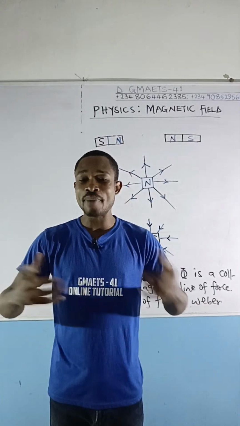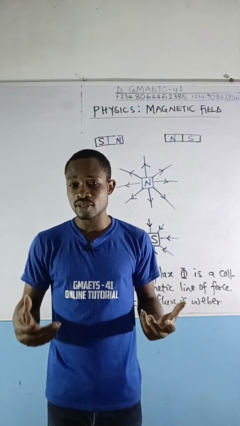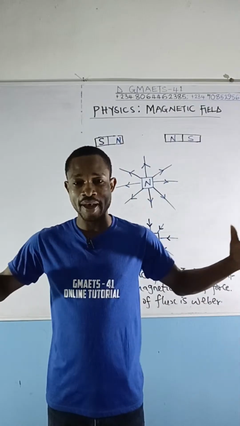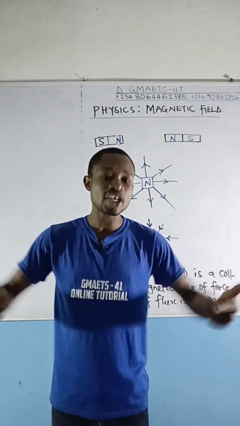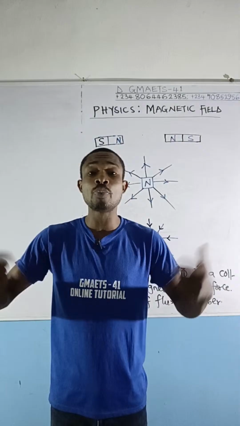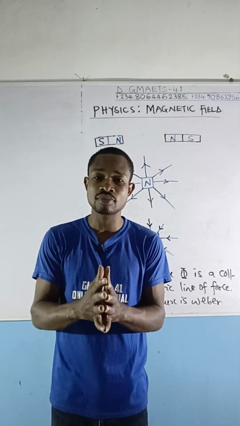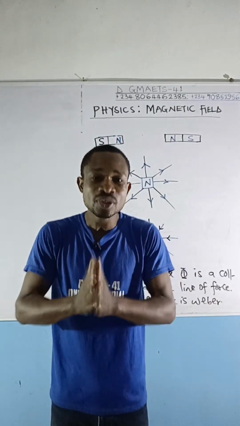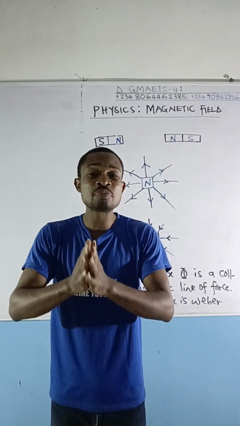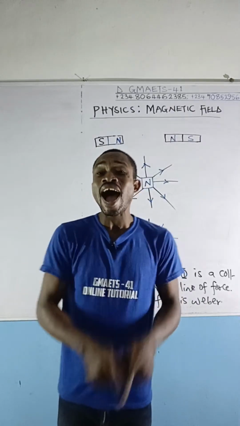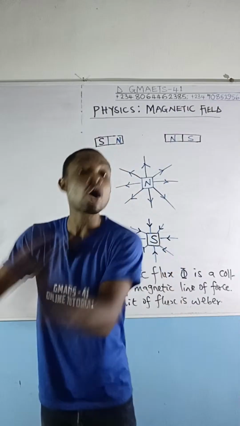Like we know about the fundamental law of charges. Like charges, they repel. And unlike charges, that is opposite charges or opposite poles, they attract. Magnetic field is a field where we experience force of attraction as well as force of repulsion.